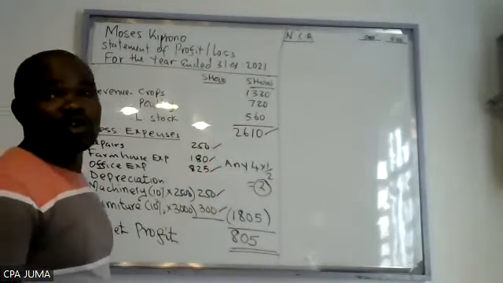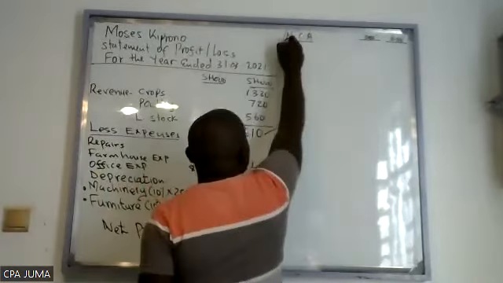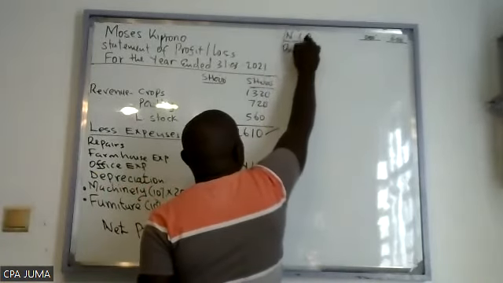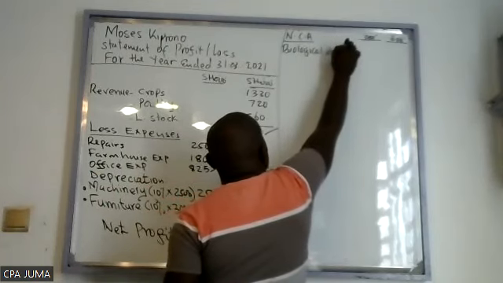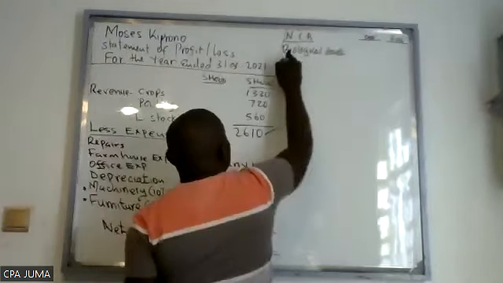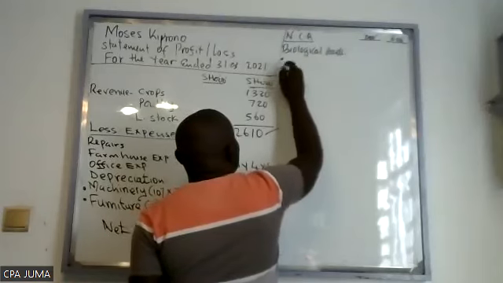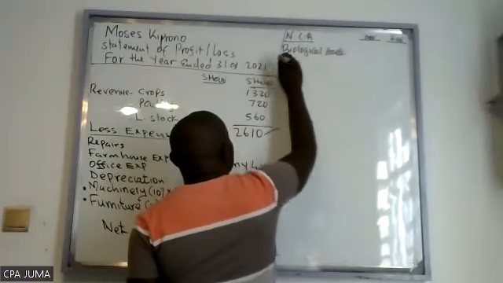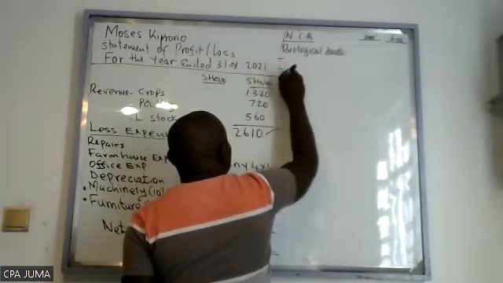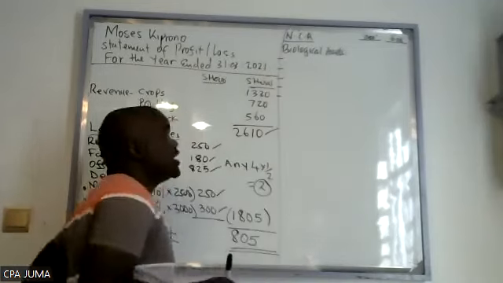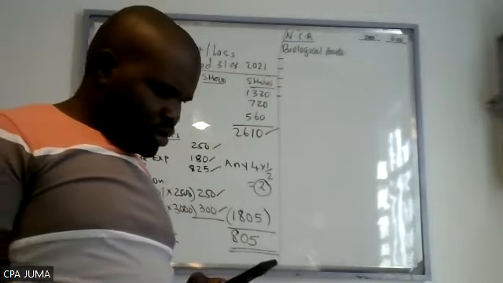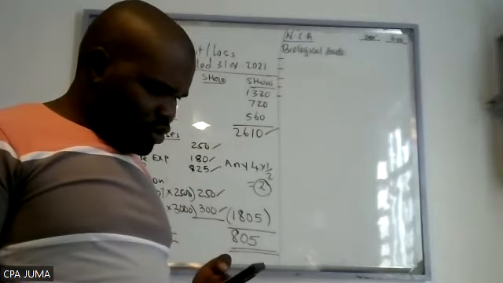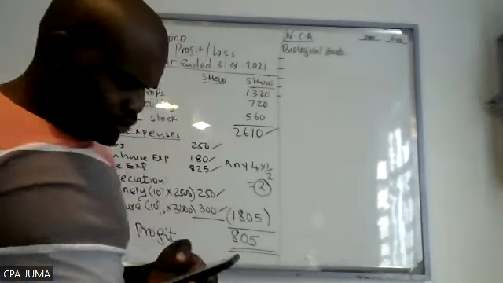We start with biological assets. So biological assets at the end of the year, the ones which are breathing. So where are the breathable assets?